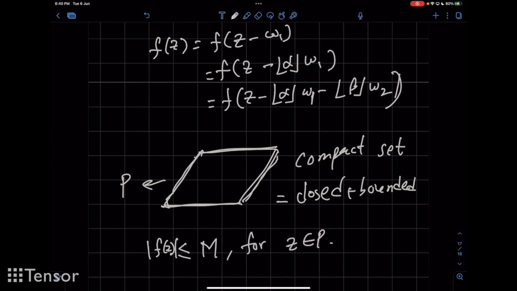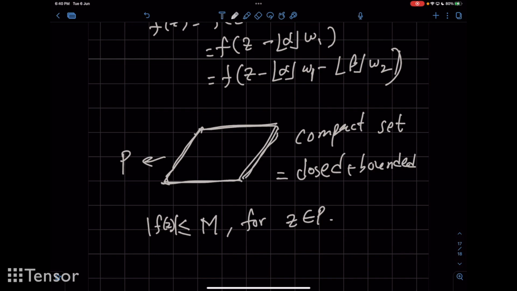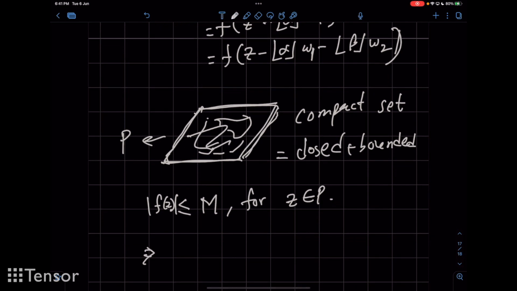And we know that for any complex number, the value of f at that complex number is equal to the value of f at some point inside this parallelogram. So we can say that the absolute value of f of z is smaller than M for any complex number.